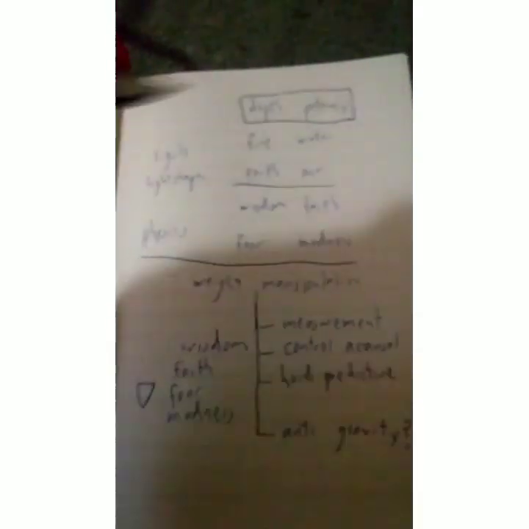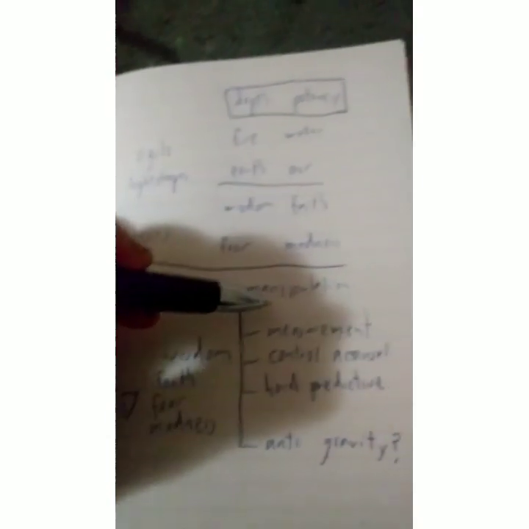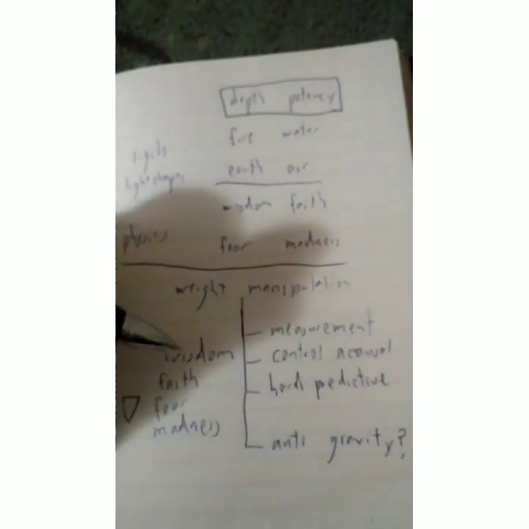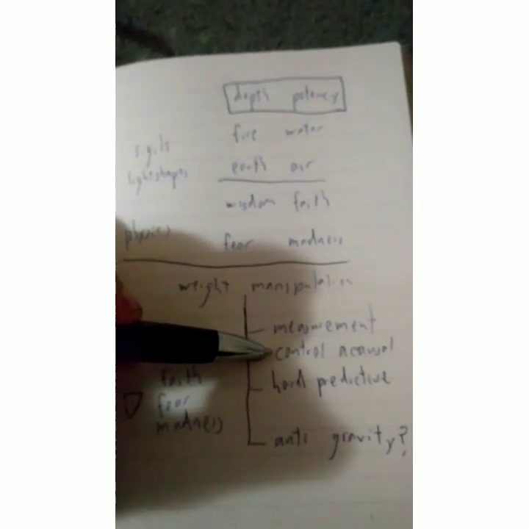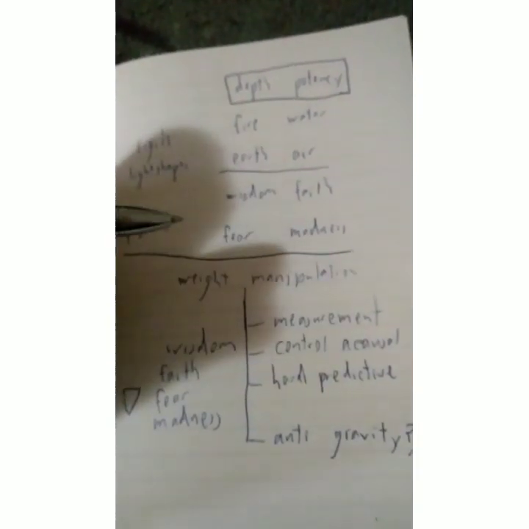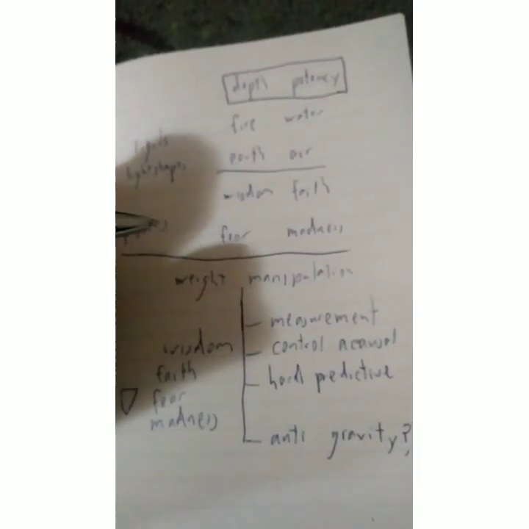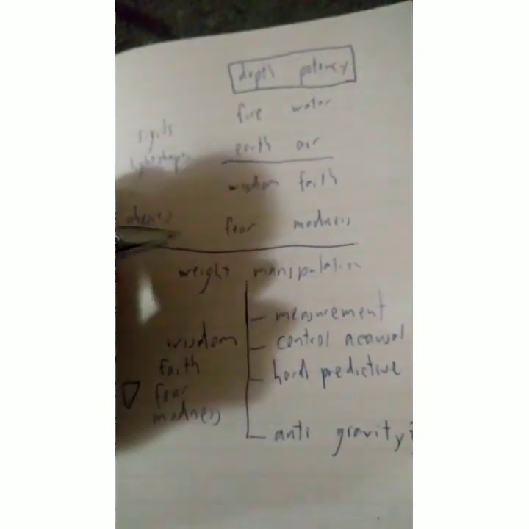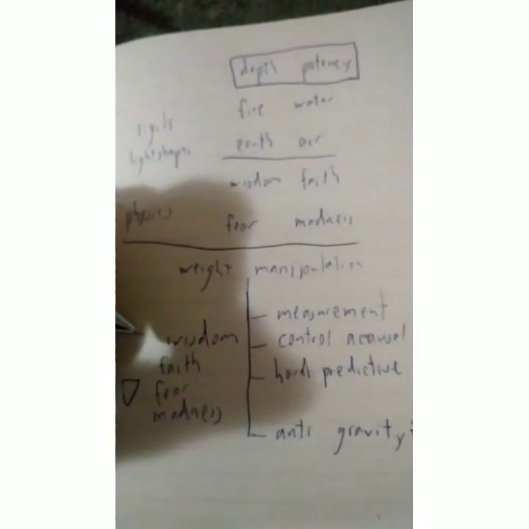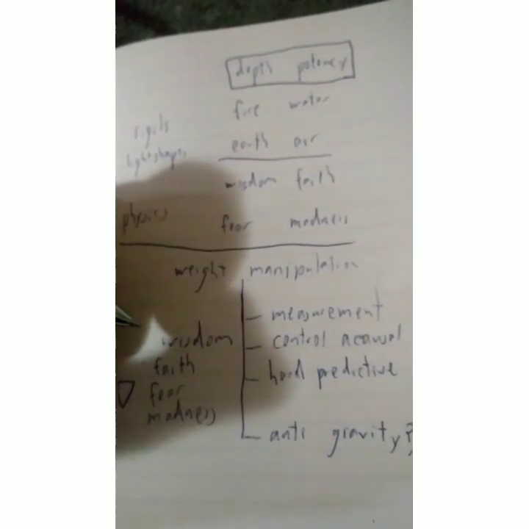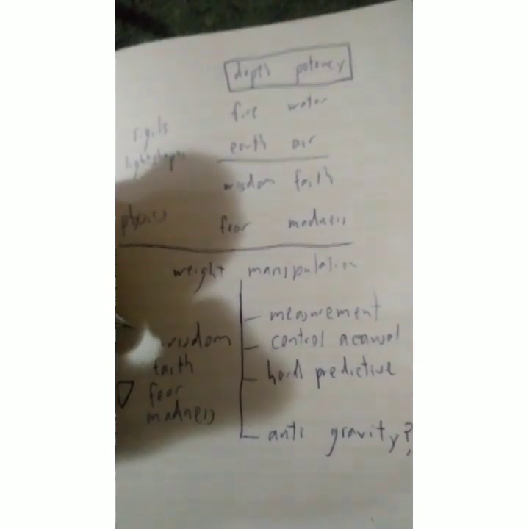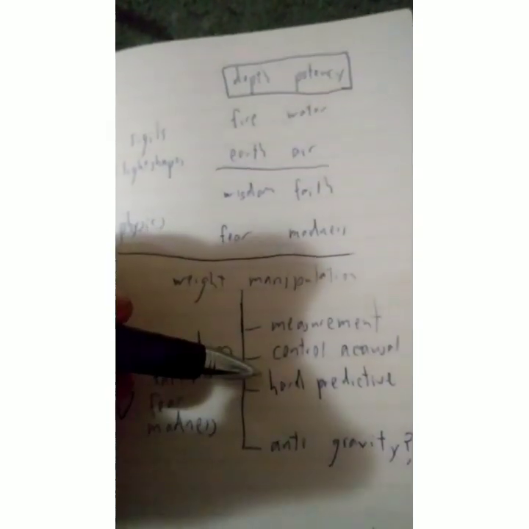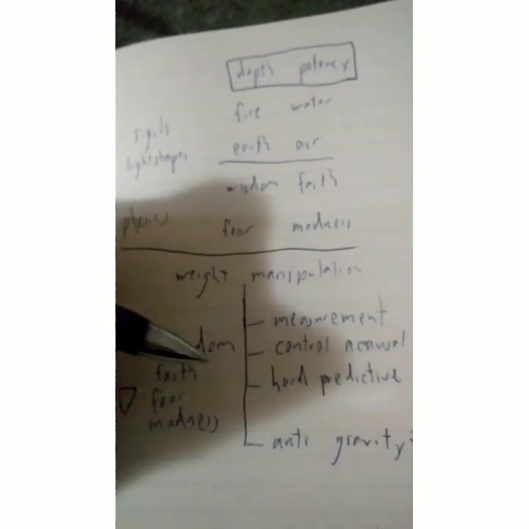Okay. For wisdom, I went with just figuring out how to measure the stuff. For faith, control them acausally, like using magic to make things fall in a certain direction with coincidence. Semi-useful, but you could improve that basic concept with wisdom and make it known by the individual. A fear that comes along with that is it's hard to predict when you don't know how the object works, if that makes sense.